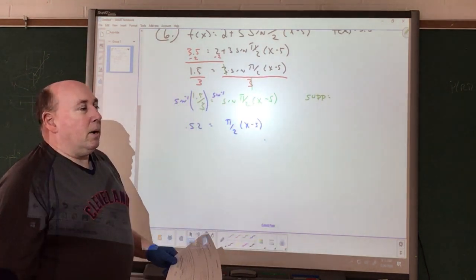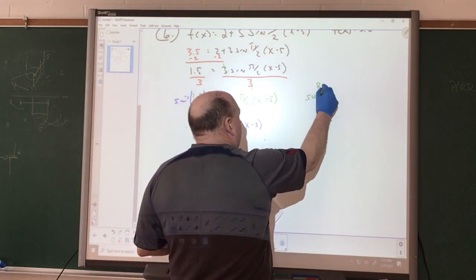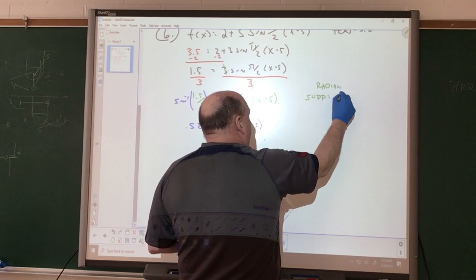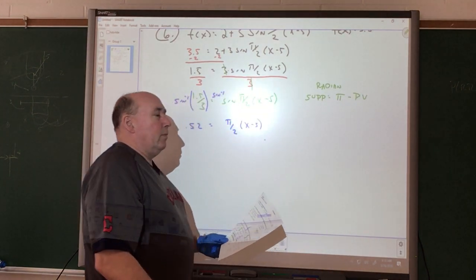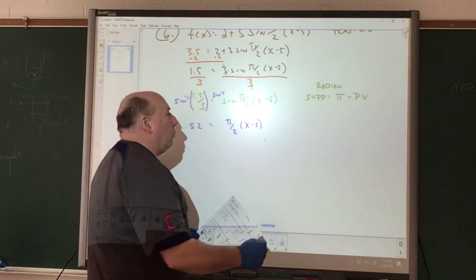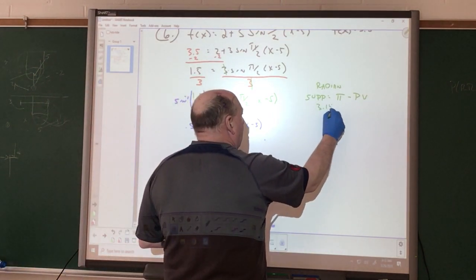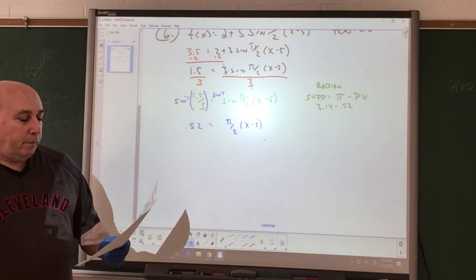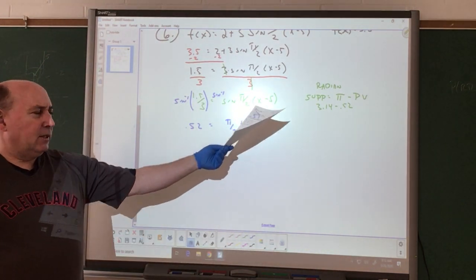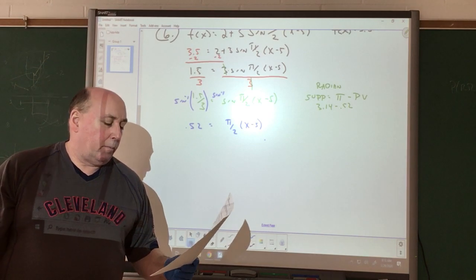And in a radian mode, this is pi minus the principal value. So we can go 3.14 minus 0.52. Once again, take this to 2 decimal places so we can use 3.14.